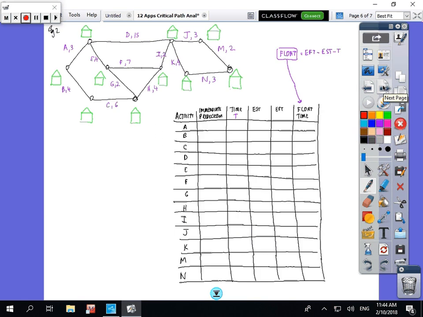Okay, so we've got a more complicated diagram. We're going to try to fill in activities. First thing we'll do is put in the numbers.